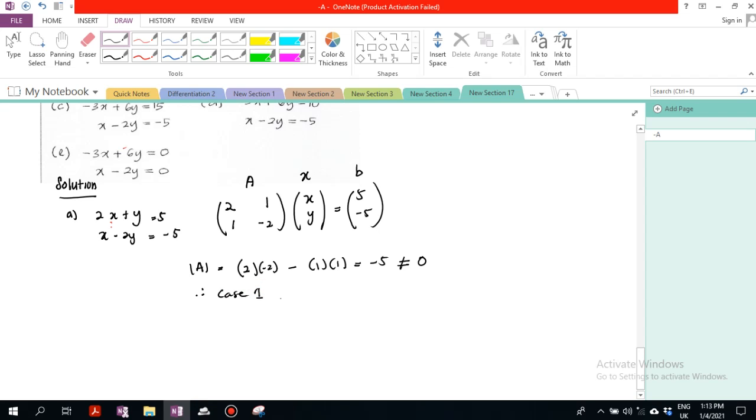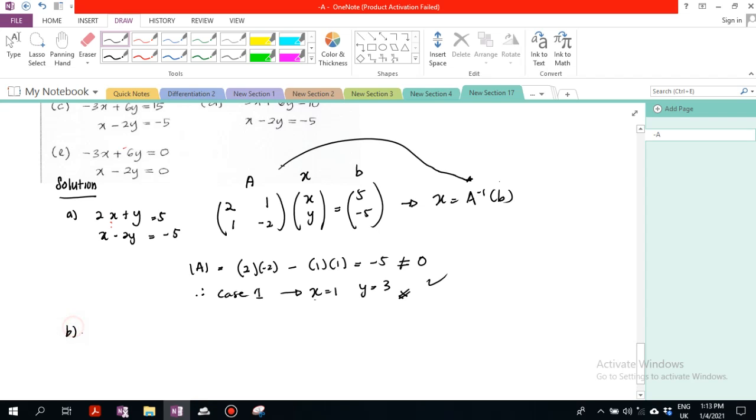So you can find the answer, which is x equal to 1, y equal to 3. To get the answer, x is equal to A inverse times b. So you need to inverse the A matrix, then multiply with your b, and you will get the value of x.